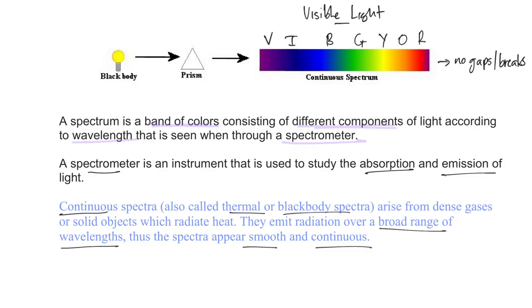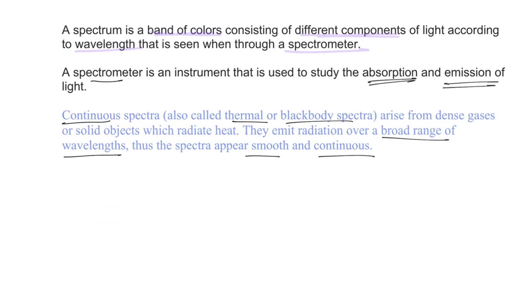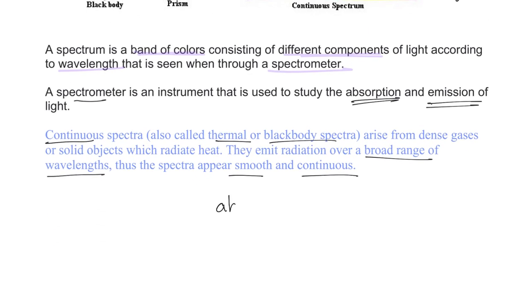Now, when I have something like absorption or emission, then that spectrum is no longer continuous. When I see absorption, there's going to be no color, so we're going to have black bands inside the spectrum.